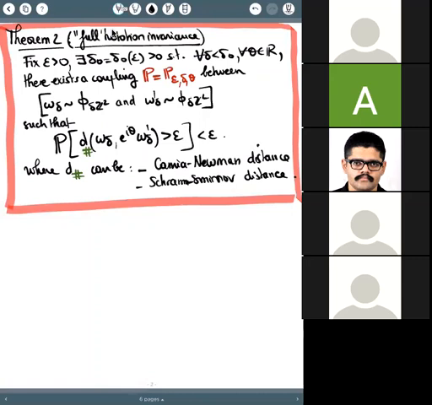And I mentioned there are several ways. Maybe you want to determine which area is connected to which area. Maybe you want to think of large clusters. So here, to define the Camia-Newman distance, I want to think of a big percolation configuration as a collection of non-intersecting, non-crossing loops.